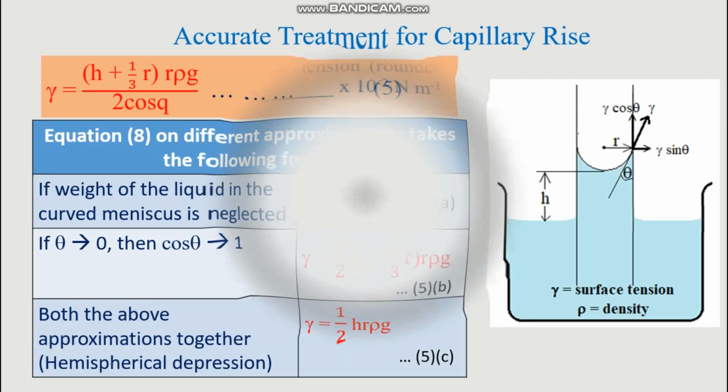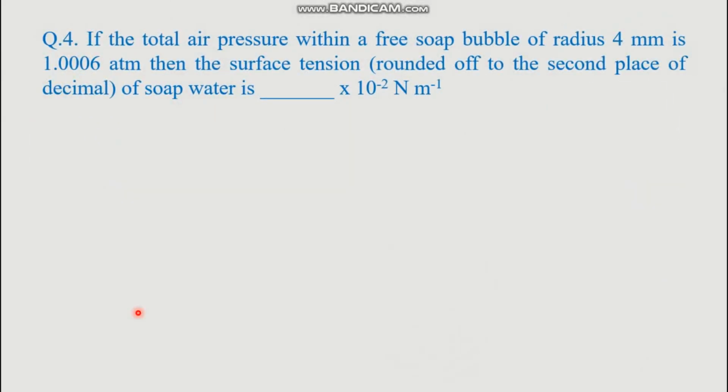So that's all about the third lecture. Now let's discuss some questions. If the total air pressure within a free soap bubble of radius 4 mm is 1.0006 atmosphere, then what is the surface tension of soap water?